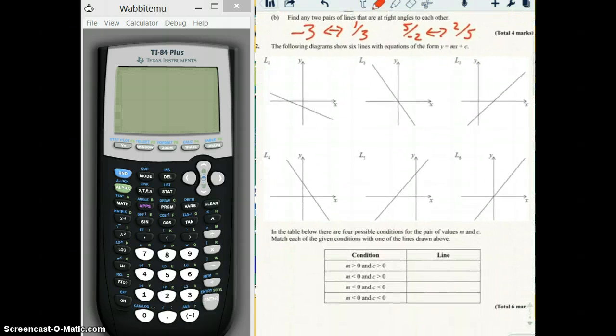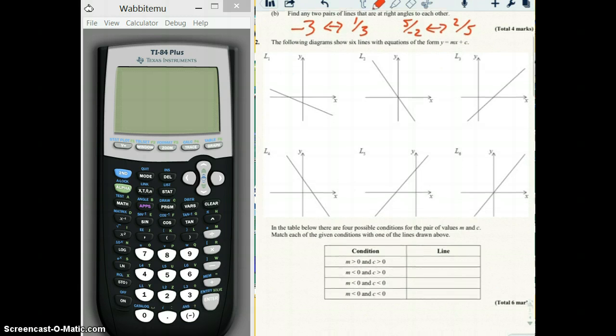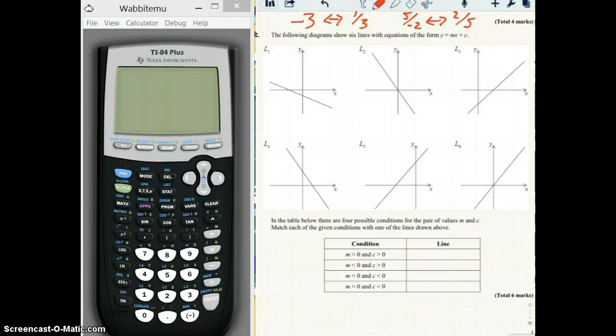Problem 2. These are 6 different sketches of lines, and they can all be described by the gradient intercept form. The m in the gradient intercept form is the slope, or the gradient, and the c is the y-intercept.